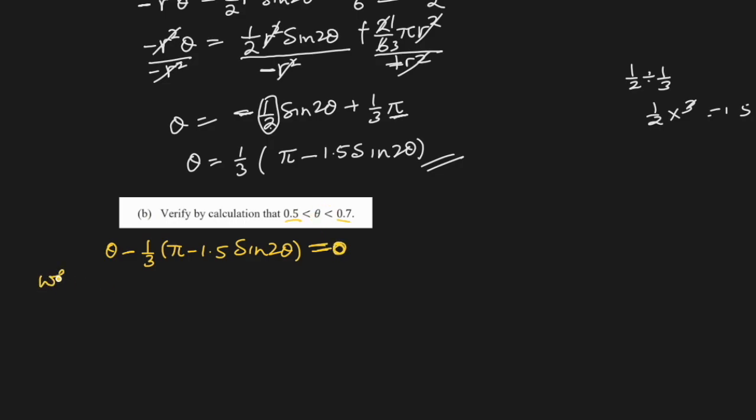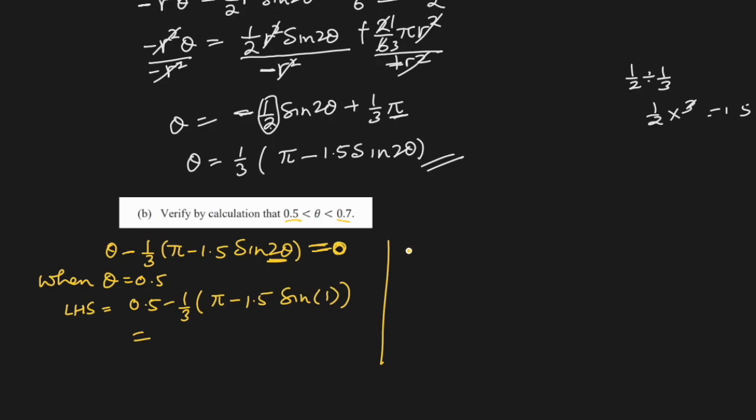And let's substitute one by one. When theta is 0.5, what do we get? LHS: 0.5 minus 1 over 3 pi minus 1.5 sine 2 times 0.5. 2 times 0.5 will be 1. Let's see what it gives us.